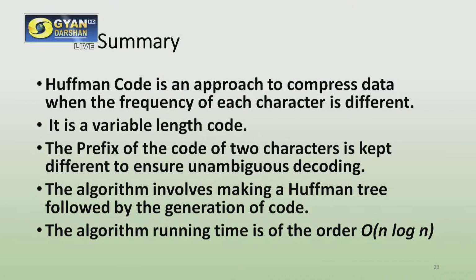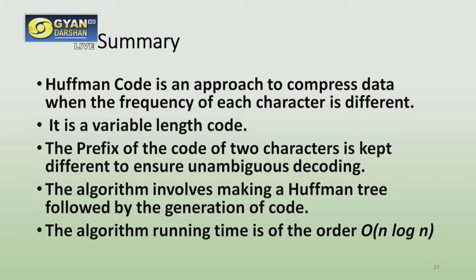If we like to summarize the whole thing, Huffman code is an approach to compress data when the frequency of each character is different. It is a variable length code, not a fixed length code. Every character has a separate length. The prefixes of the codes of two characters are kept different to ensure unambiguous decoding.